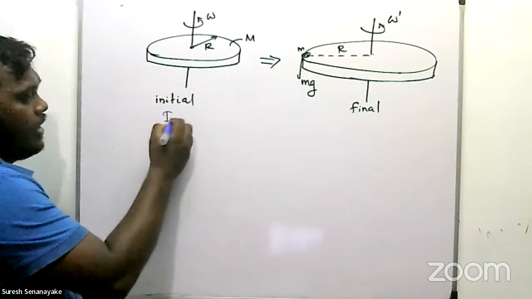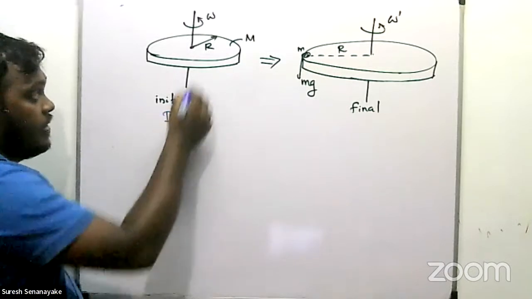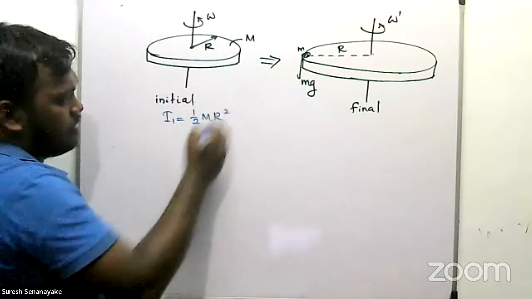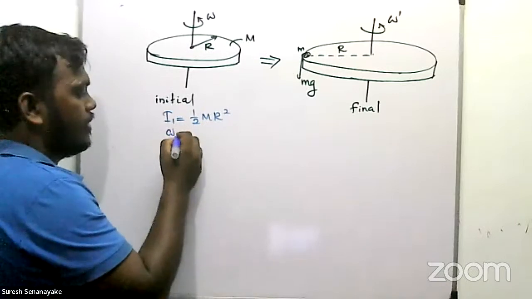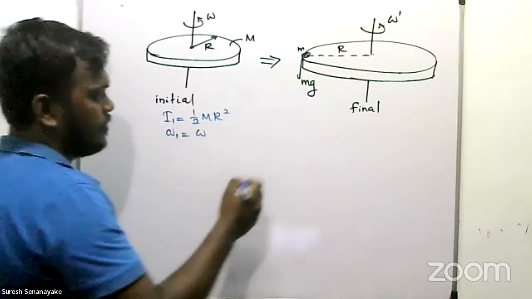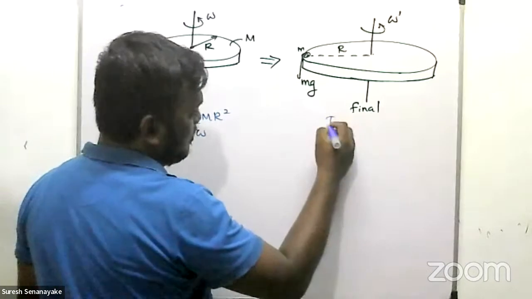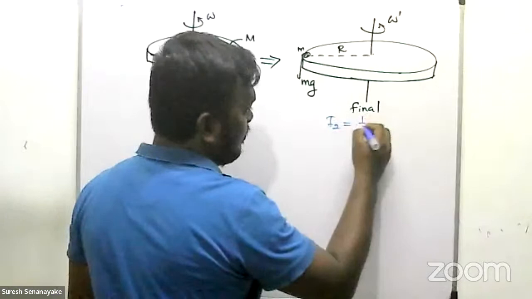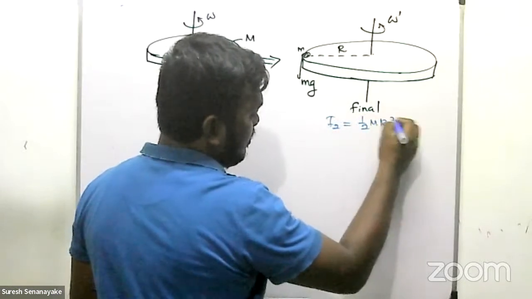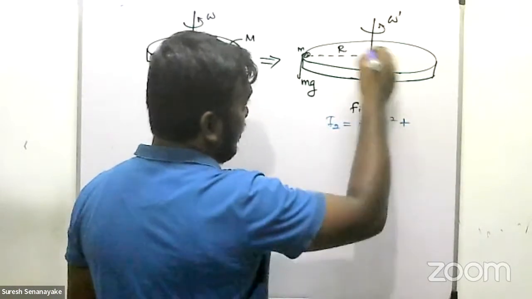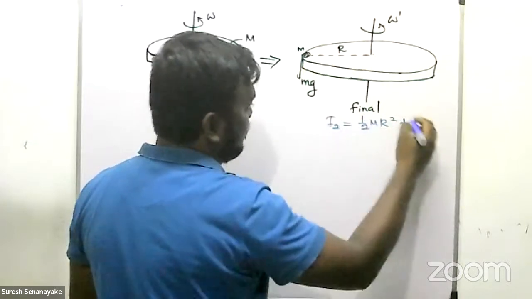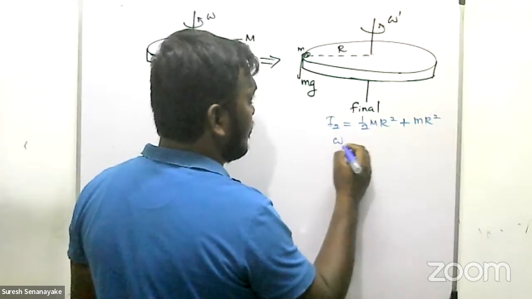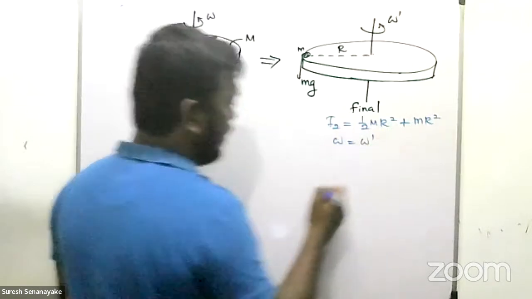So the moment of inertia about this axis is half M R squared, and the angular velocity is omega. In the final system, I2 is half M R squared plus the moment of inertia of this particle, which is m R squared, and the angular velocity omega dash we need to find.